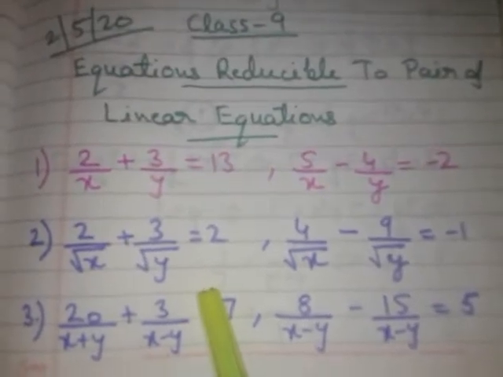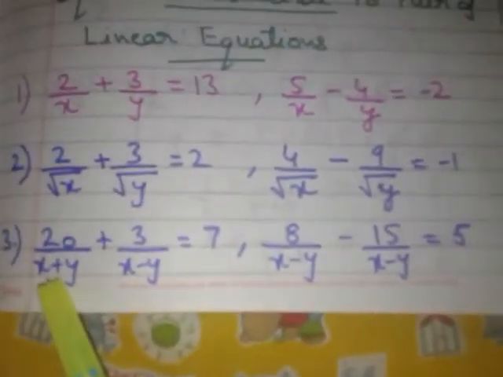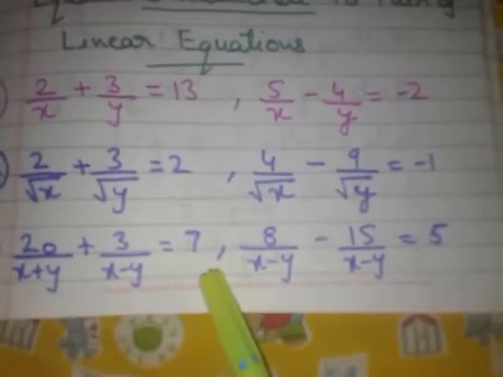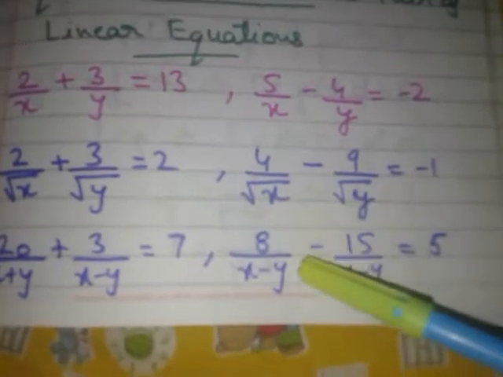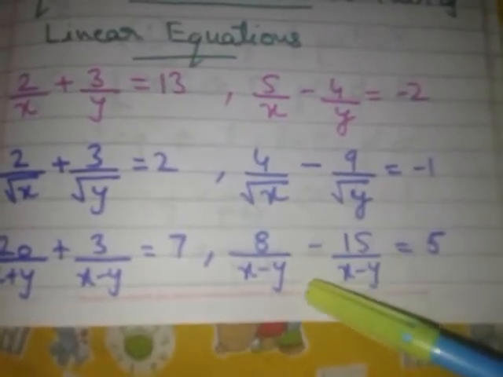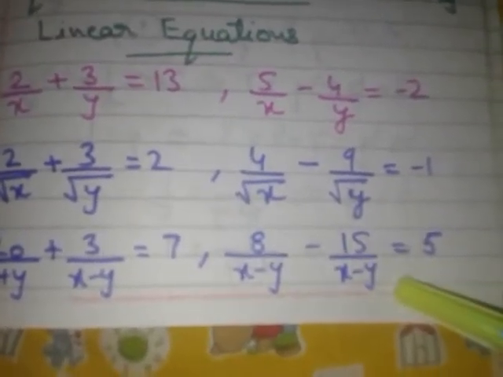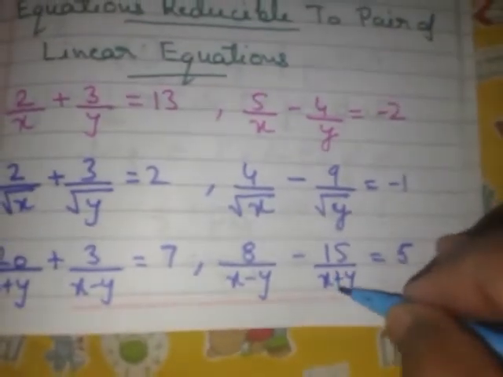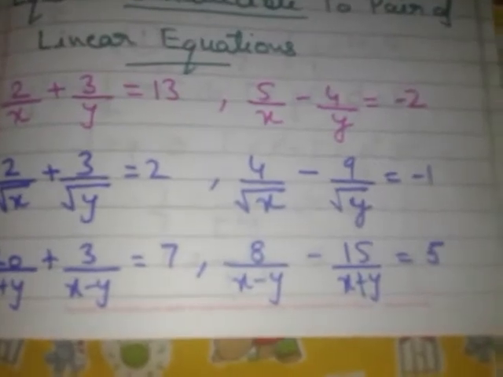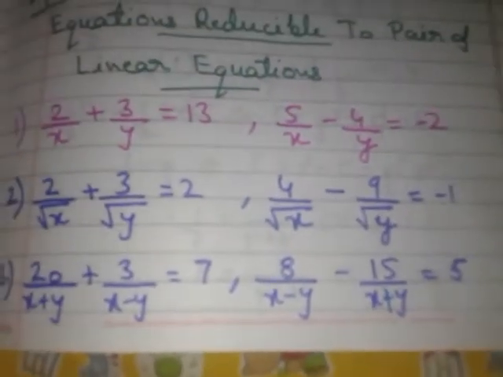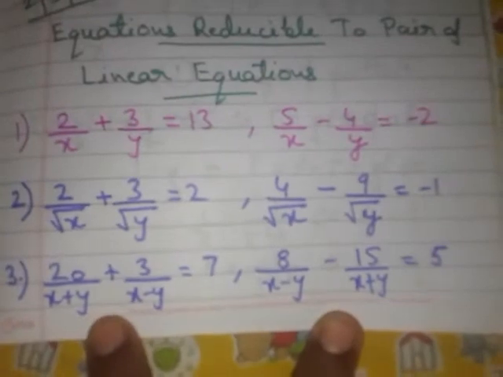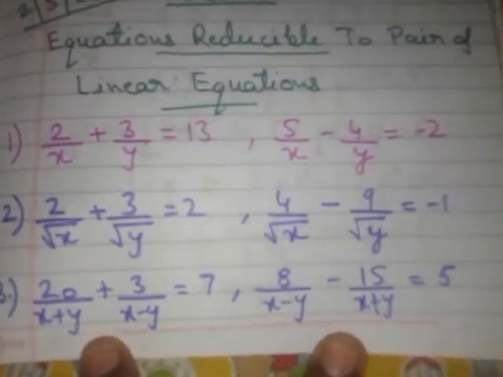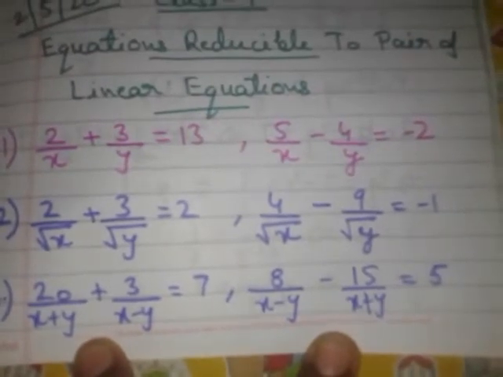The same way here, 20 upon x plus y plus 3 upon x minus y is equal to 7, and 8 upon x minus y minus 15 upon x plus y is equal to 5. These also do not look like linear equations, but we will reduce them and then solve them.